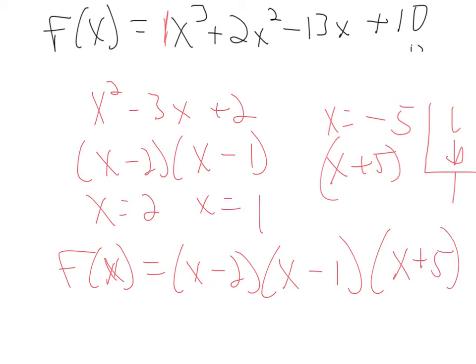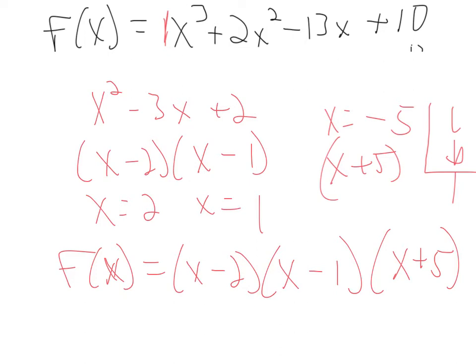Now something you learn in pre-calc and in some algebra 2 classes, that these are the places at negative 5, positive 2, positive 1 where this polynomial crosses the x-axis. We'll also learn about ending behavior, how these polynomials act. So it's pretty interesting the way it all comes together.